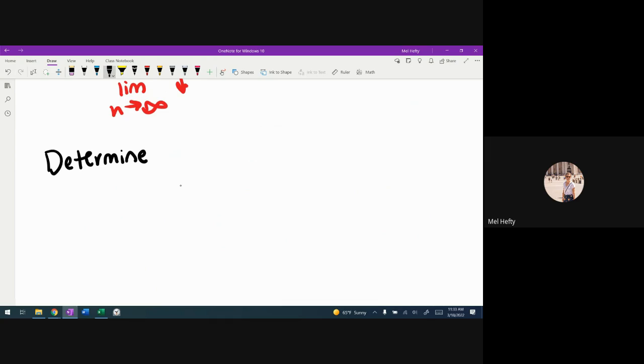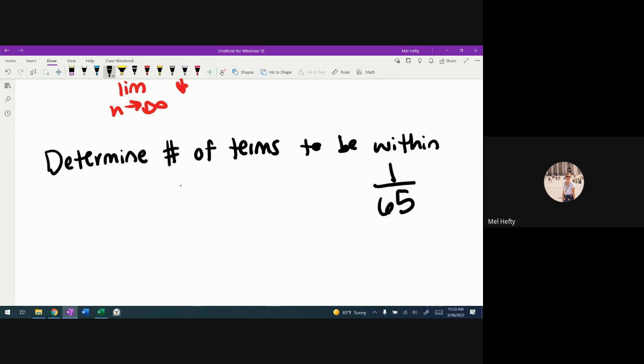So determine the number of terms to be within 1/65. So the what? It didn't take forever.